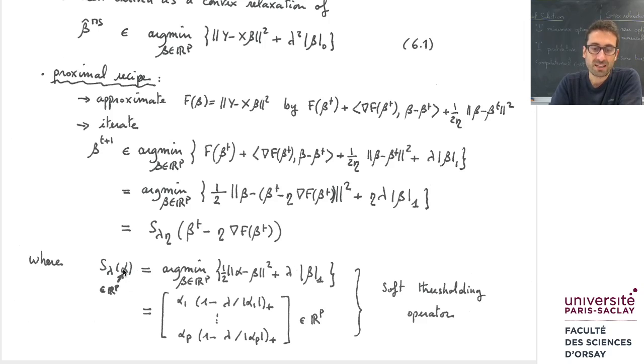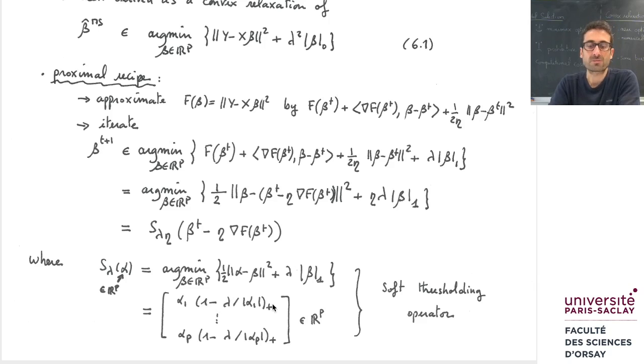It takes as input a vector alpha in R^p, and it outputs a vector still in R^p, where it takes each coordinate of alpha, so alpha 1 to alpha p, but it multiplies each coordinate by 1 minus lambda over the absolute value of the coordinate, and takes the positive part.